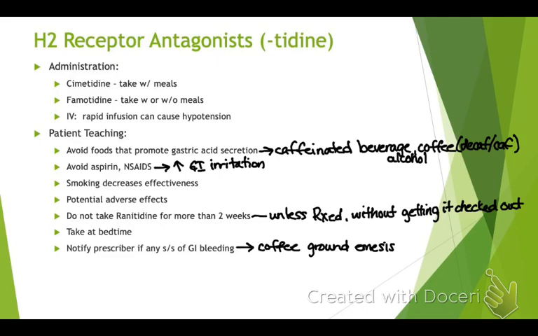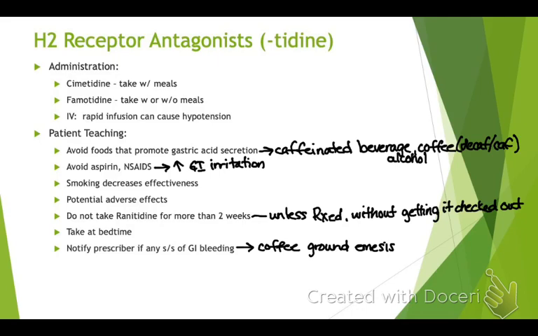Again, smoking decreases the effectiveness of these drugs, so smoking cessation should be promoted. Potential adverse effects, let them know. You want to teach and educate your patient about the adverse effects that they can potentially get by taking these meds. You don't want them taking the ranitidine for more than 2 weeks, unless it's prescribed for the long term.